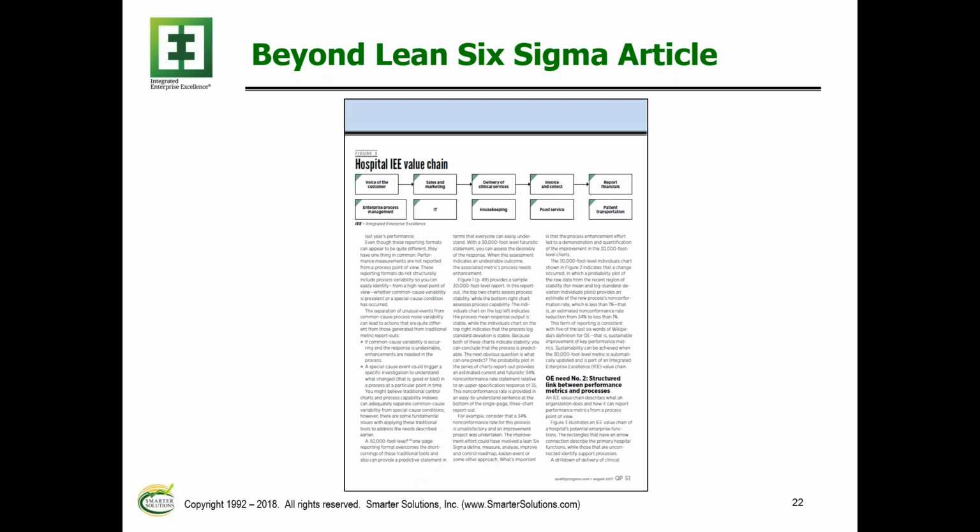Now, what I'm suggesting is we look at metrics from a different point of view. We want to separate common cause variability from special cause events. So common cause variability is basically the normal variability that we'd have within our process.